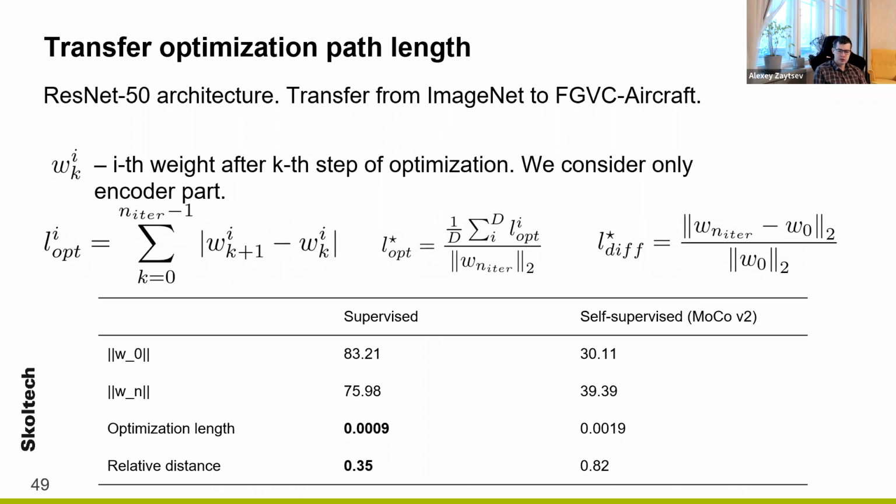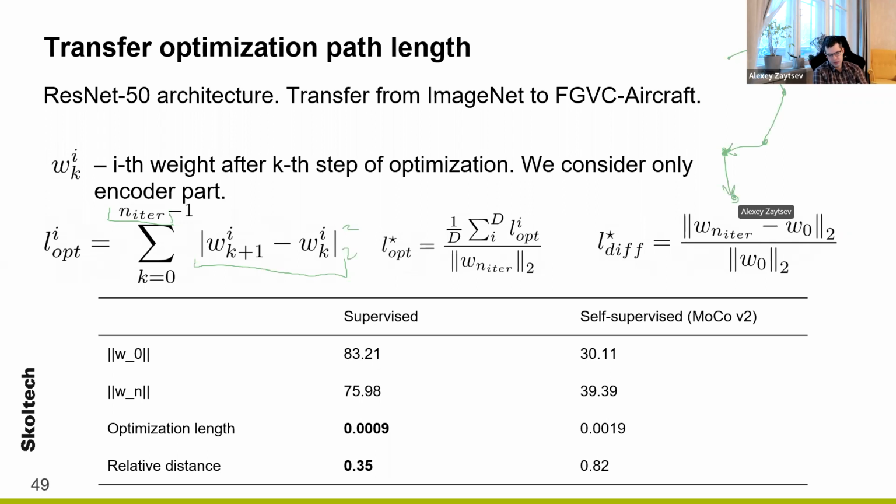Also, we can try to find out whether the path between the initial parameters and the parameters after fine-tuning is different for the supervised and self-supervised approaches. We compare the lengths of optimization. We have a number of iterations, we measure the L2 squared norm, and sum the lengths of all the steps during optimization.